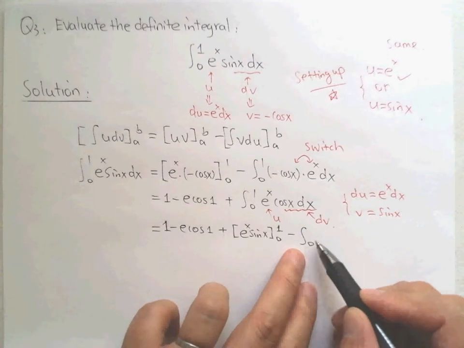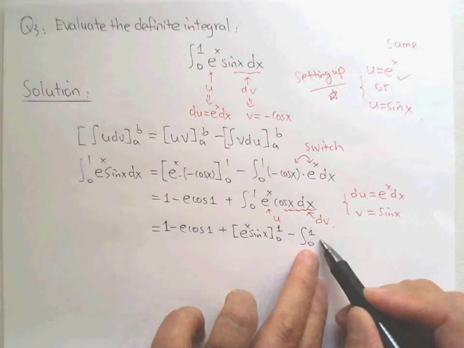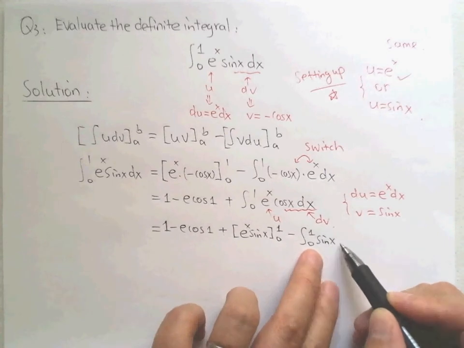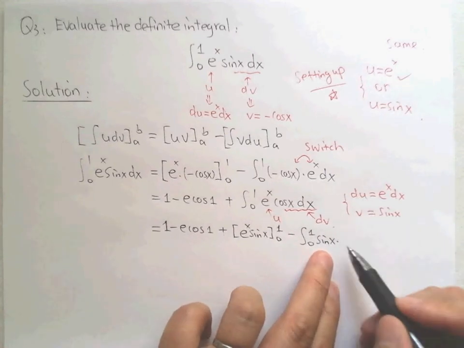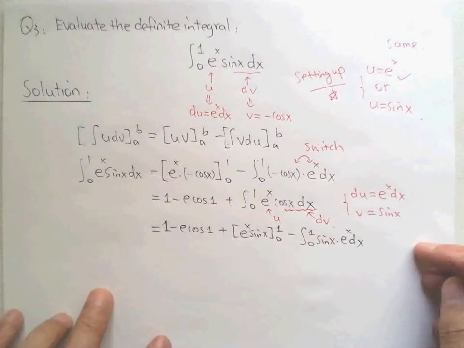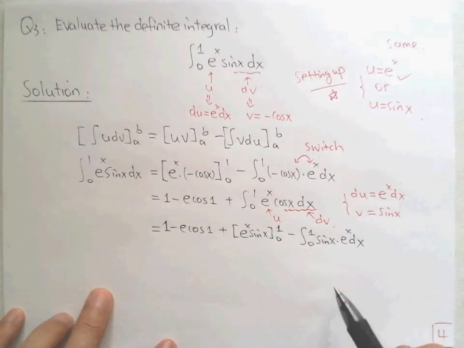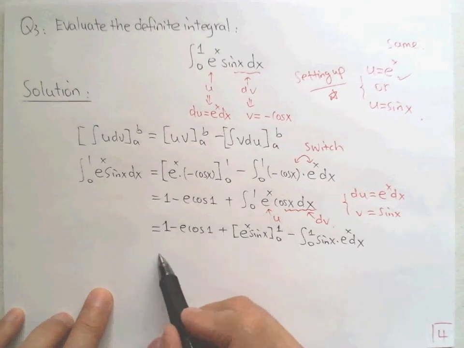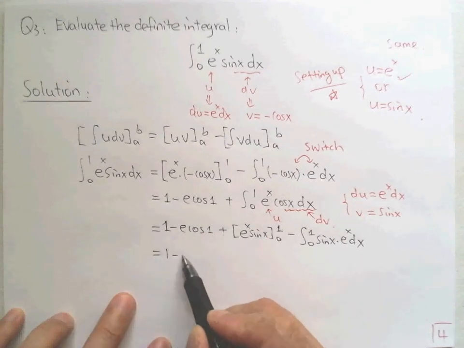And then minus the integral from 0 to 1, and this time v is sine x, times du, which is e^x dx.